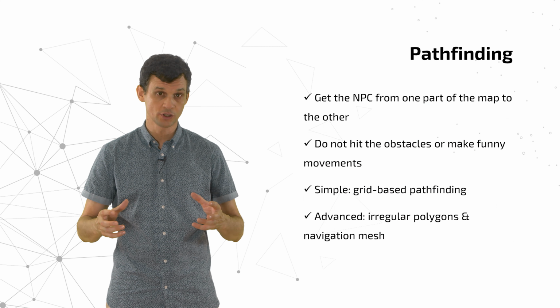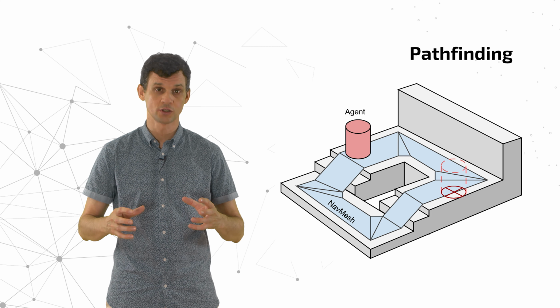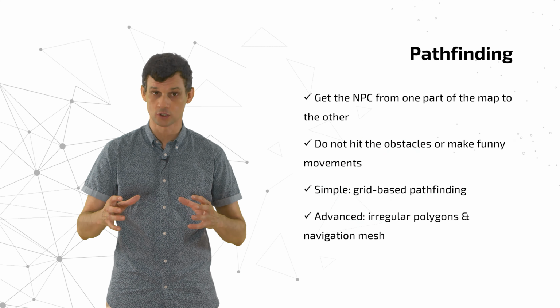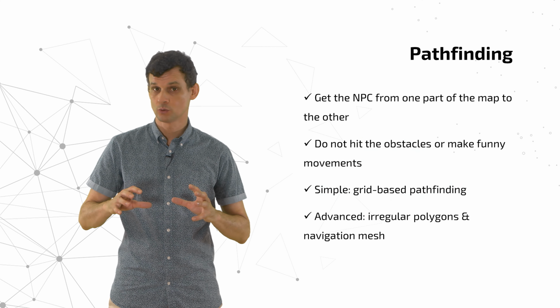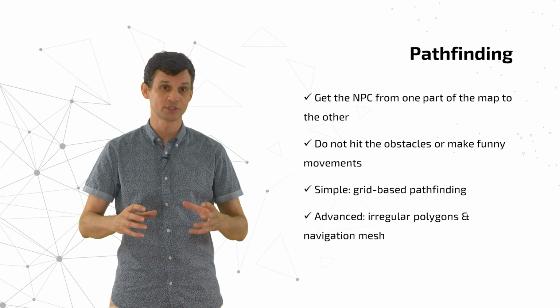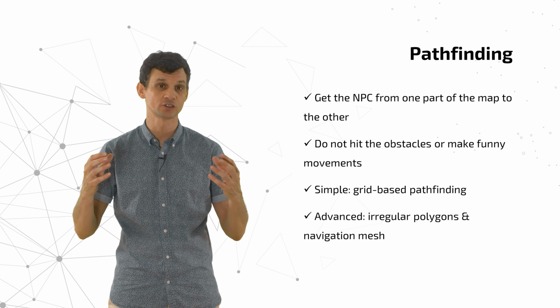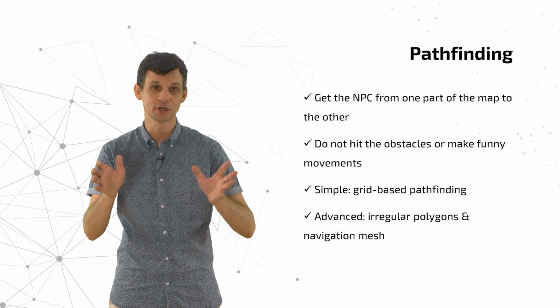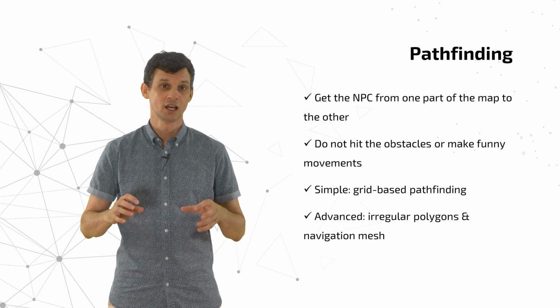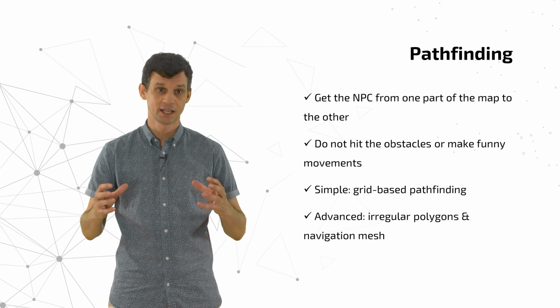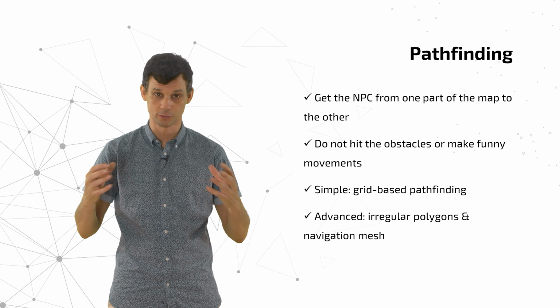More advanced algorithms use irregular polygons and create a navigation mesh upon which the NPCs can walk. Good games want to make the movement of NPCs look natural, which is much more complex than moving along straight lines, and also not making sharp turns. Problems to solve include not overlapping with other NPCs and moving around complex obstacles.